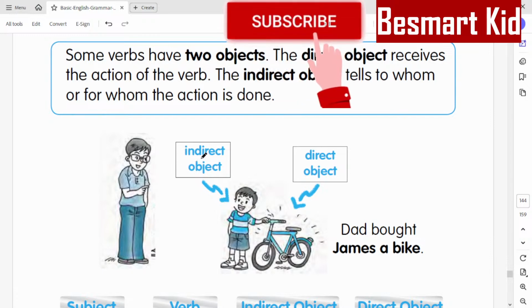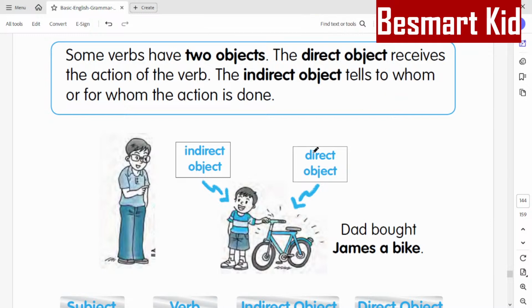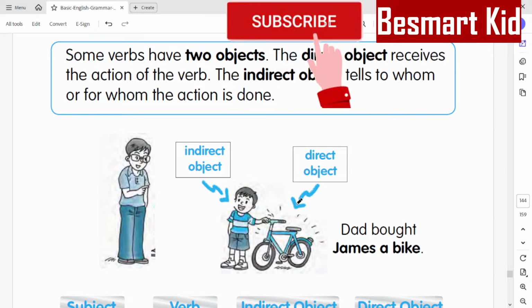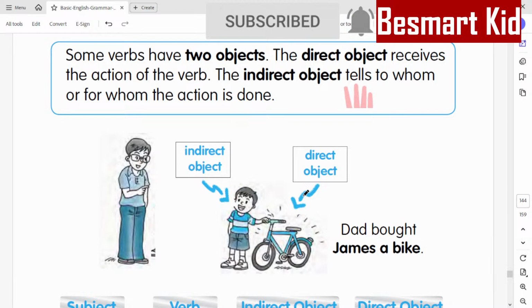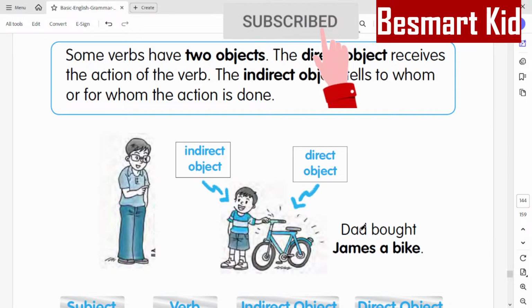We have the indirect object and the direct object. The direct object receives the action, but the indirect object tells to whom. So, Dad bought James a bike.